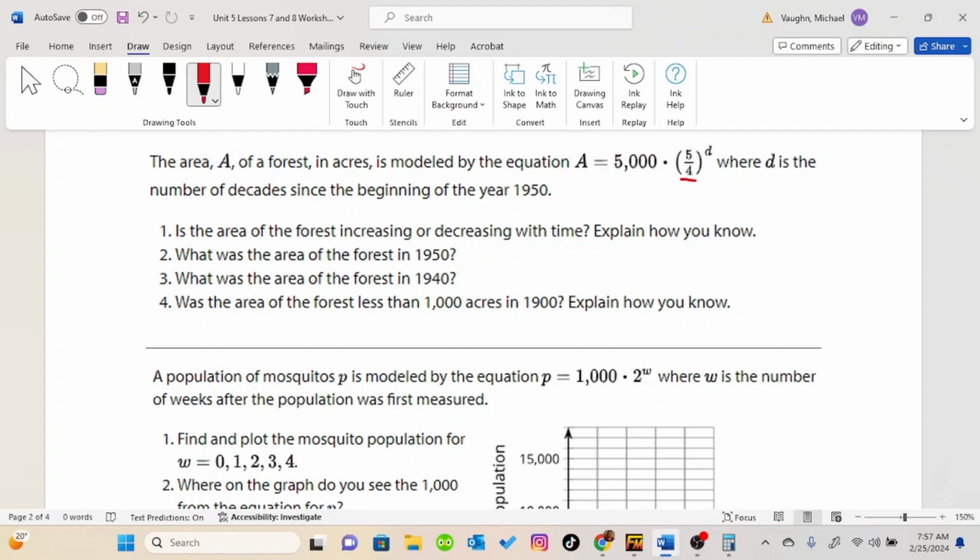That means this is increasing. So this is increasing because the factor is greater than 1.